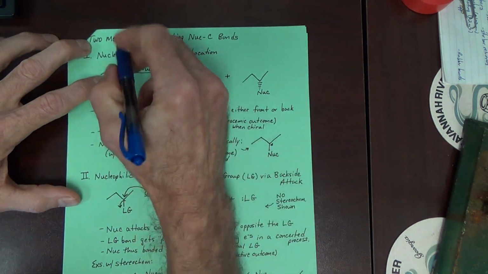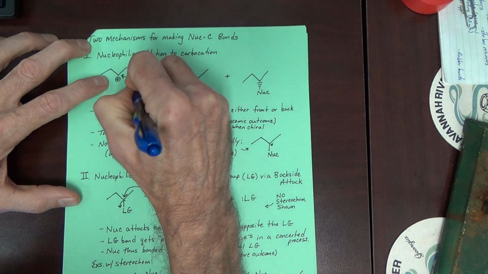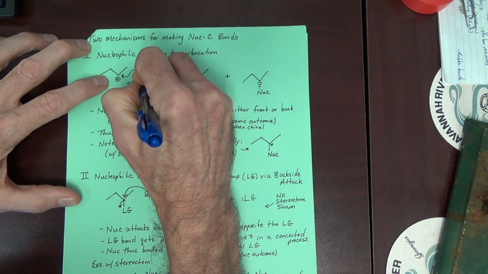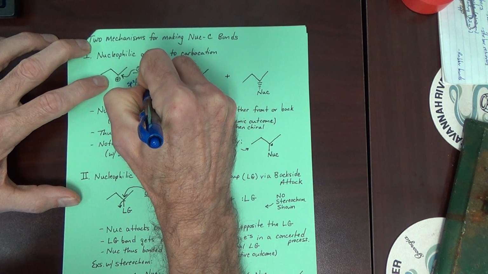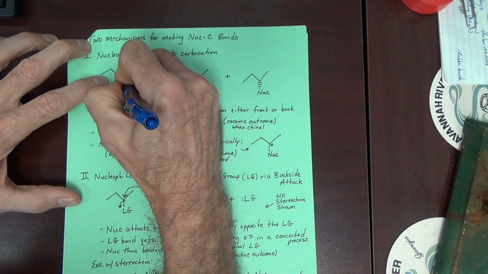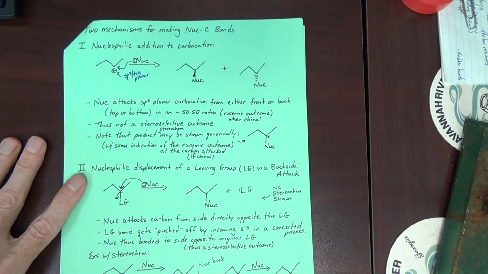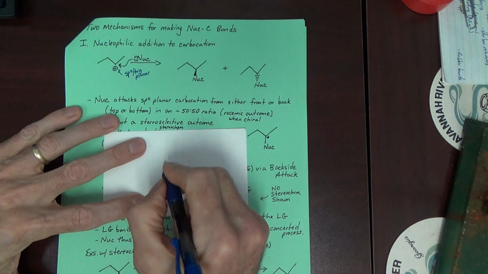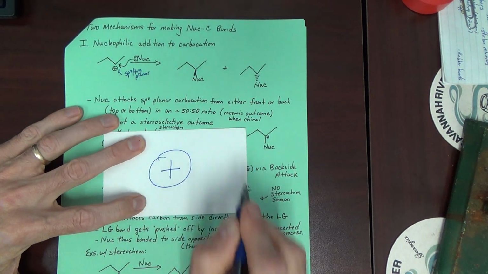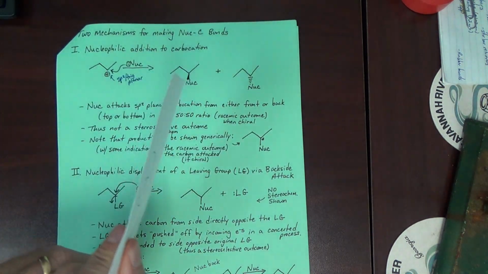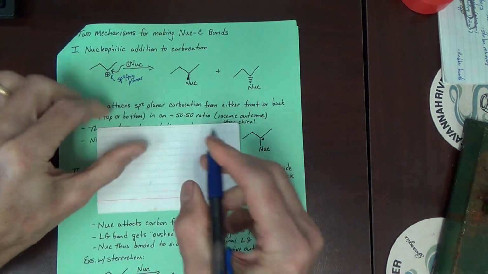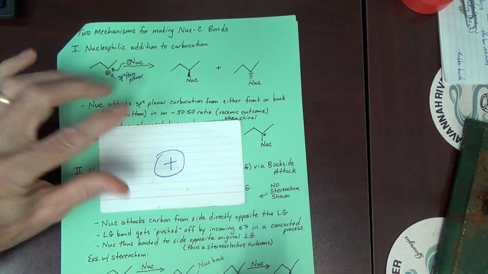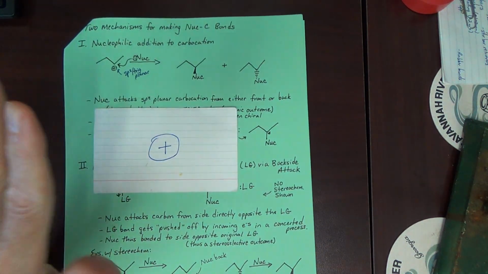Because a carbocation is sp2 trigonal planar, that carbon is planar. It's flat.